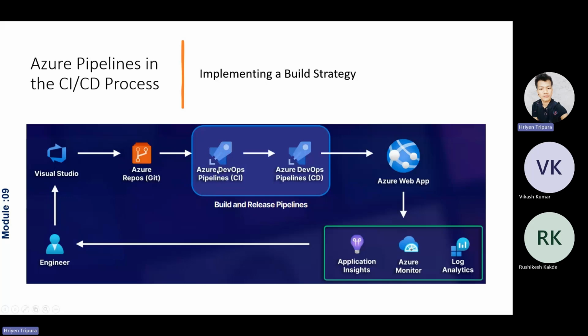Once testing is done, the code, basically the infrastructure code, your artifacts, will be stored in something known as Azure Pipelines. In Azure Pipelines, the artifacts will be stored. Once it is stored, your CI process work is done. That means you are now clear that your continuous integration work is done here.